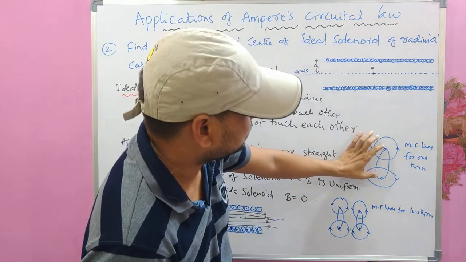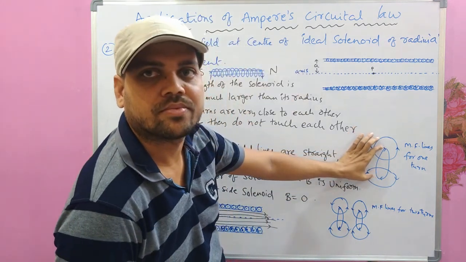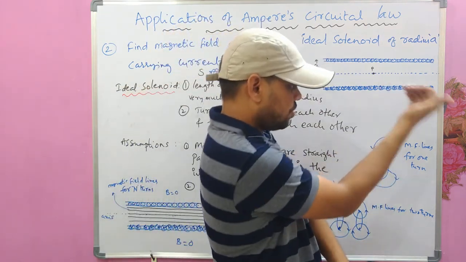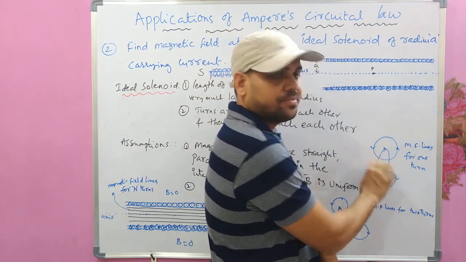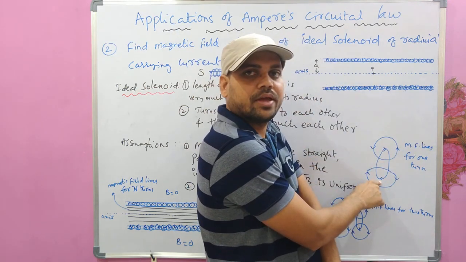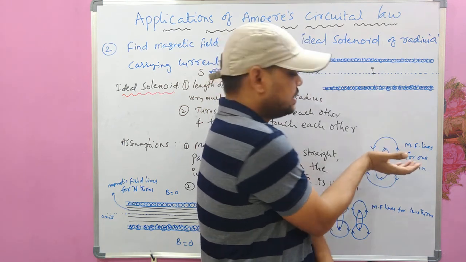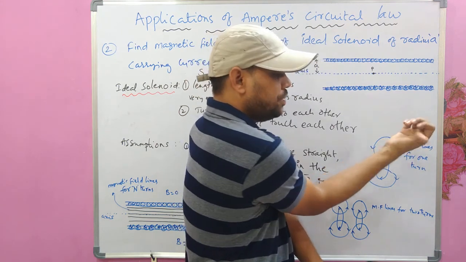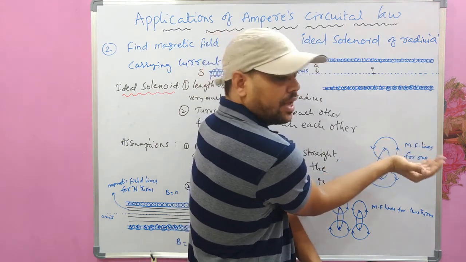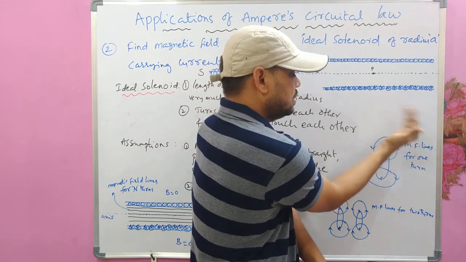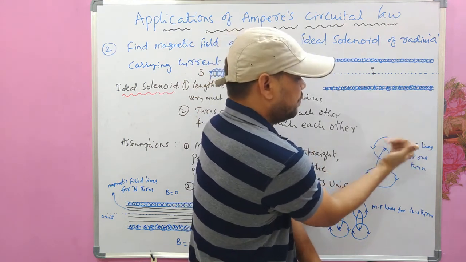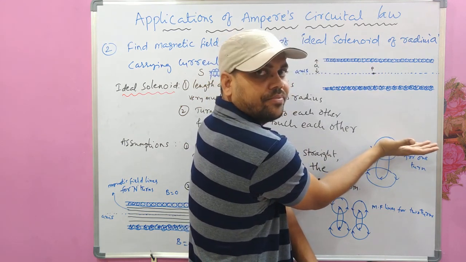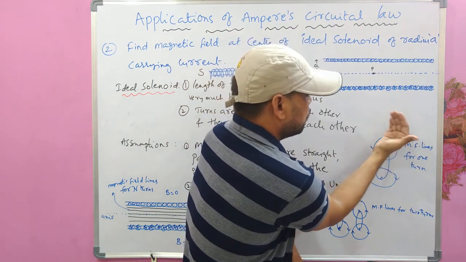So if this is one turn through which current I is flowing like this, coming out from the top and going in from the bottom, the magnetic field direction can be seen by using your right hand. Keep your thumb in the direction of the current and wrap your four fingers in such a way that they represent the magnetic field direction. So if I put my hand on the top of this turn, then the magnetic field lines will go like this.